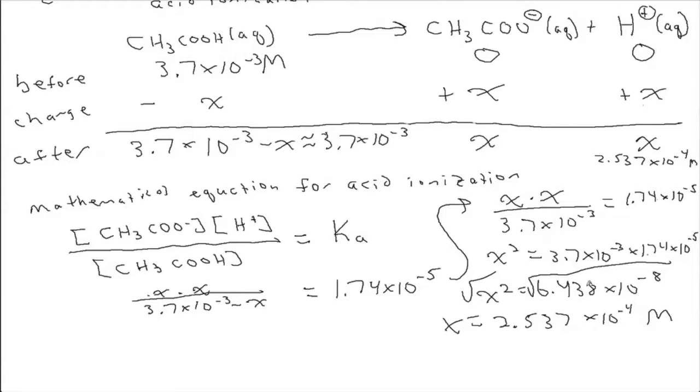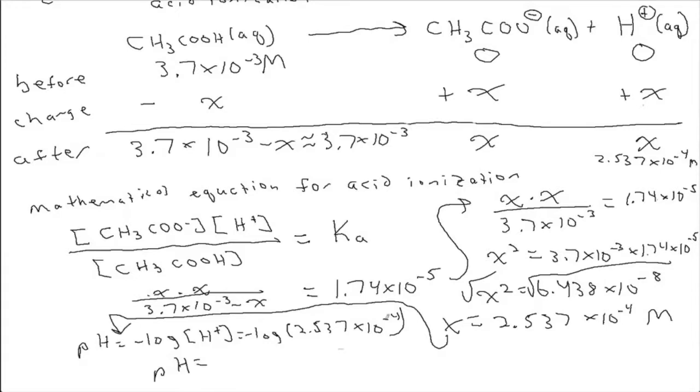So get the negative log of that number, x. pH is equal to 3.595.